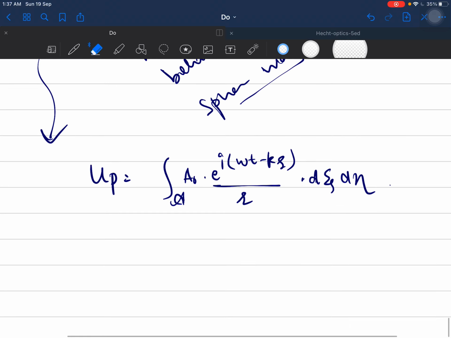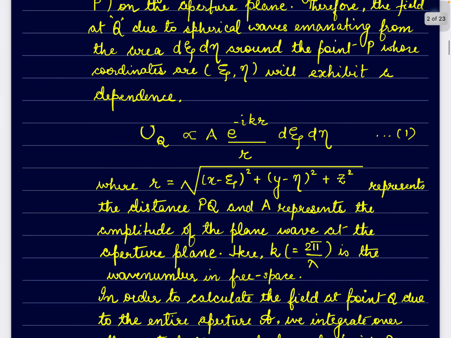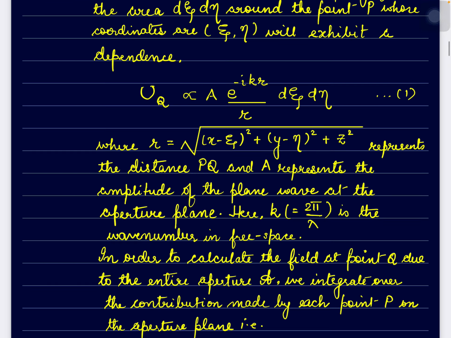So basically he says that the field over there is proportional to this. Something like that actually.